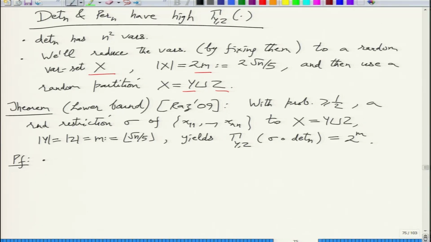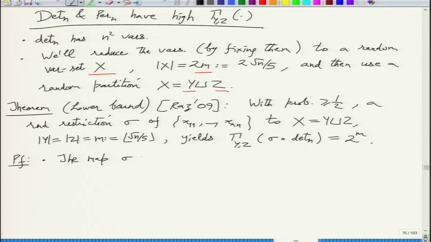So the way we will prove this is the thing which we always do with the determinant: to give a lower bound on the rank, we somehow identify triangular or diagonal structures, and using that we show a rank lower bound. That will be done essentially by sigma. Sigma will fix the variables in such a way that you see a diagonal block structure, which is easy to rank bound.